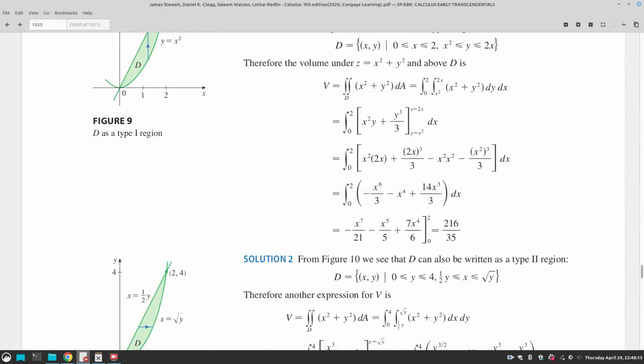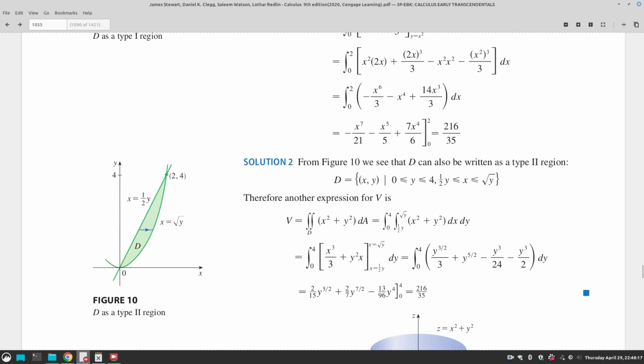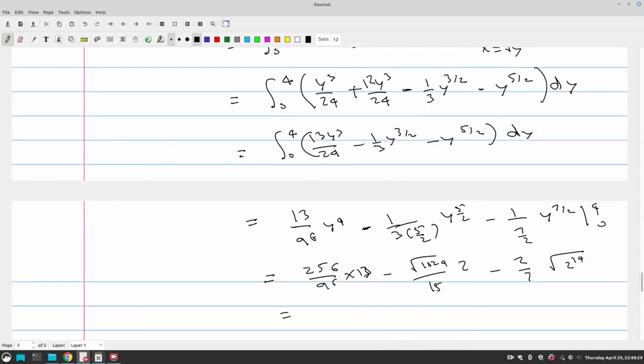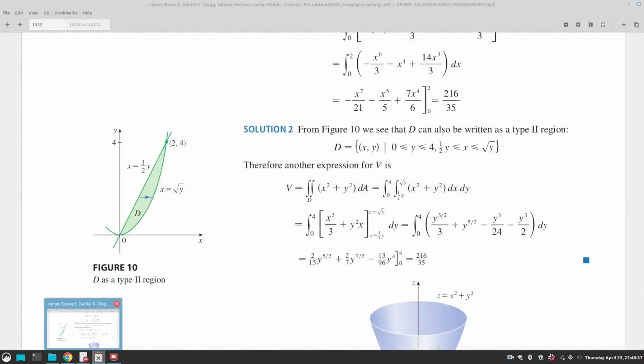So let's see if that 1/3 y to the 3 over 2. Should I go 1/3 y to the 3 over 2? Yeah. 1/3 y to the 3 over 2 and minus y to the 5 over 2. 5 over 2 minus y cubed by 24 minus y cubed by 2.